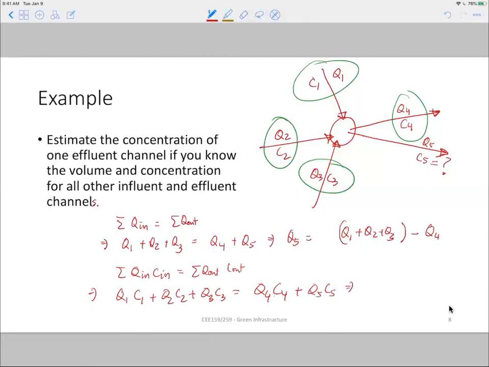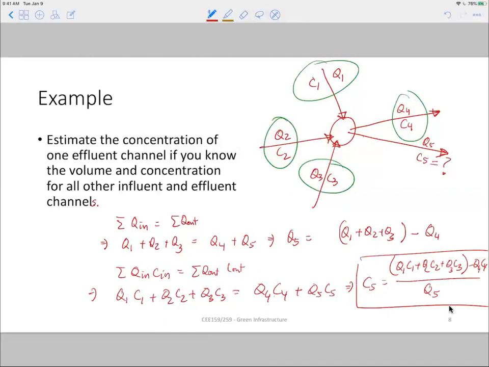If you rearrange the equation to solve for C5, it will be Q1 C1 plus Q2 C2 plus Q3 C3 minus Q4 C4, divided by Q5. This is how you can calculate the concentration of one effluent if you know the concentrations and flow rates for every other channel.